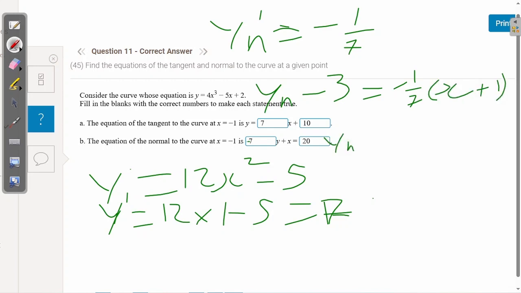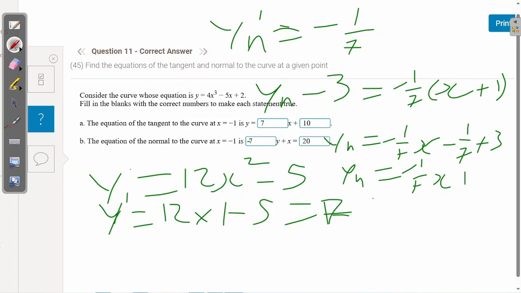So you get y equals negative 1 over 7x minus 1 over 7 plus 3. You are going to get negative 1 over 7x, then negative 1 over 7 plus 3 equal to 20 over 7.